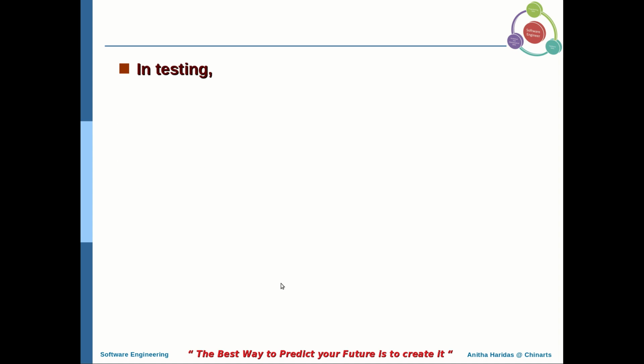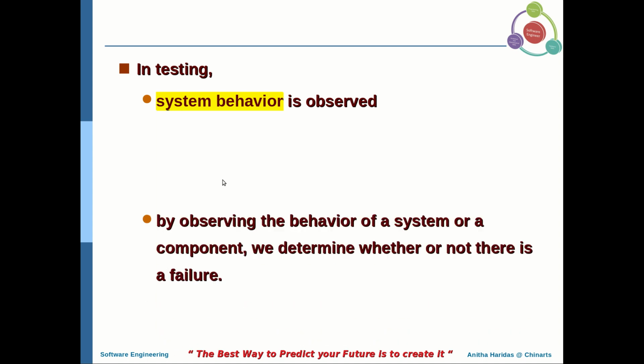When you take software testing, what we are going to observe here is how the system behaves. So you start executing your program and you check how the system is responding, how the system is behaving.